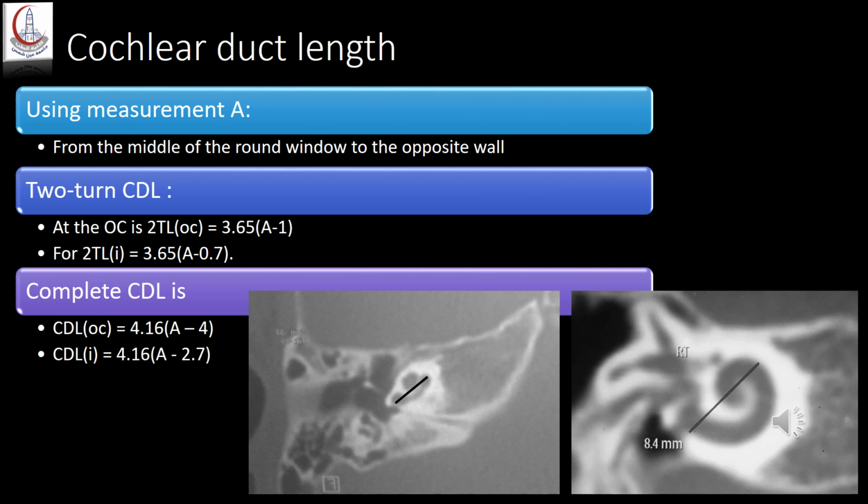There are some software features on some CT machines which can give you direct measurement of the cochlear duct length, but you can compute it by yourself on easily available software and have an idea about the cochlear duct length.